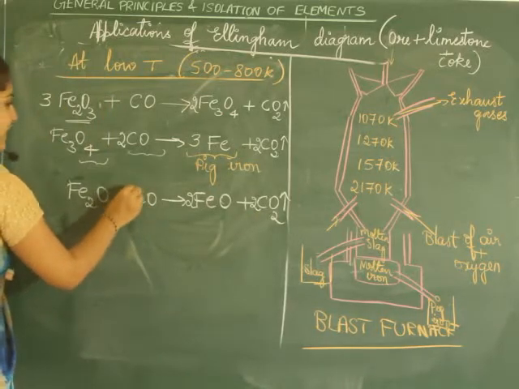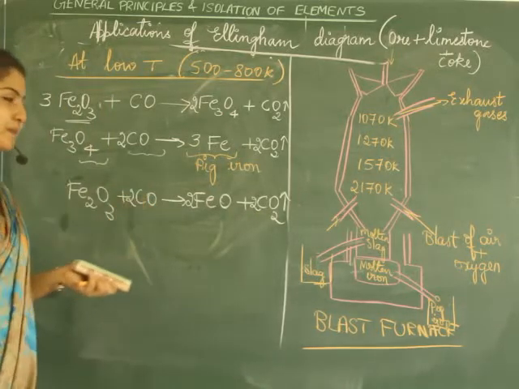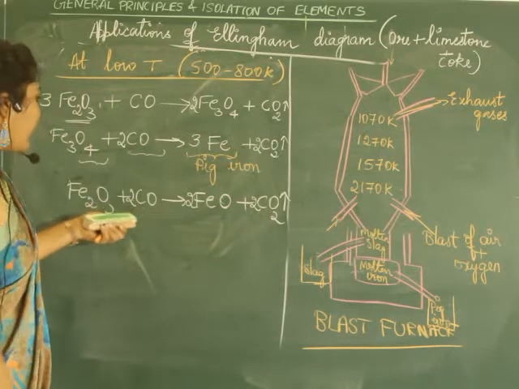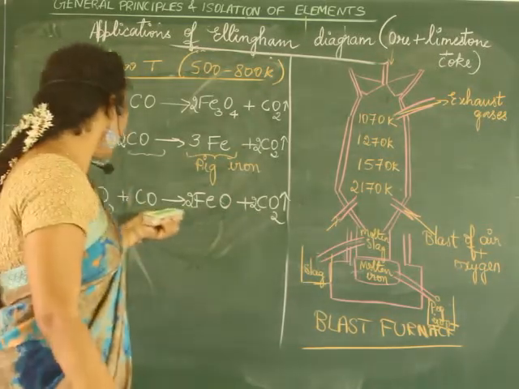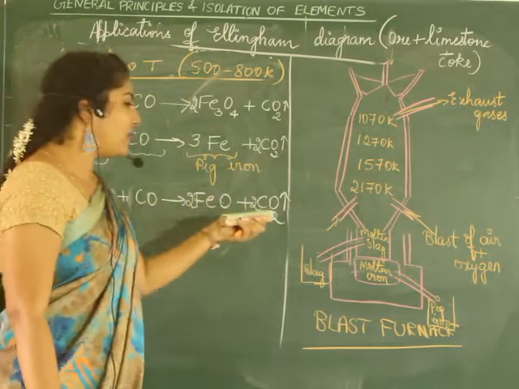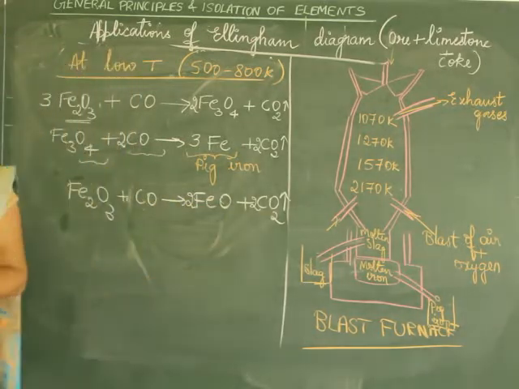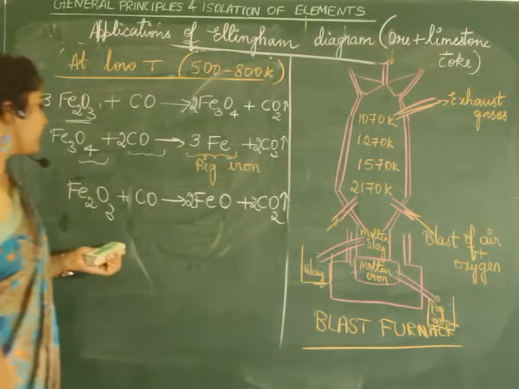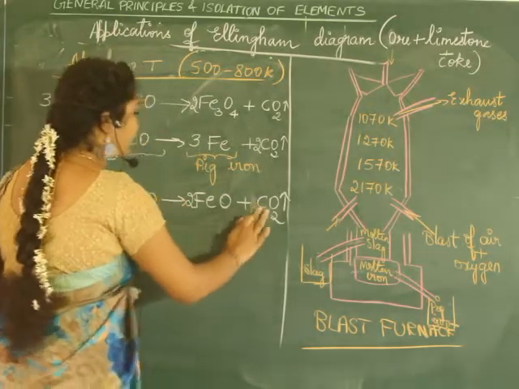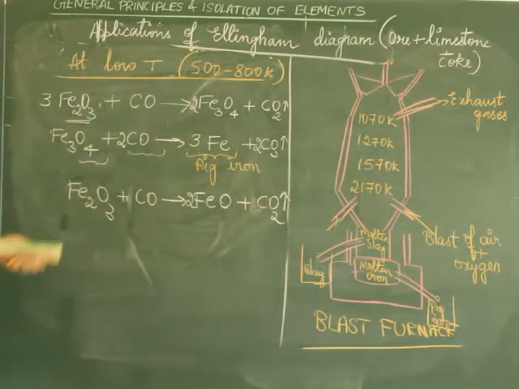Here 3 plus 2, here it becomes 4. Fe2, Fe2, here 3, here 2. Just try balancing it. Okay, this is at low temperature.